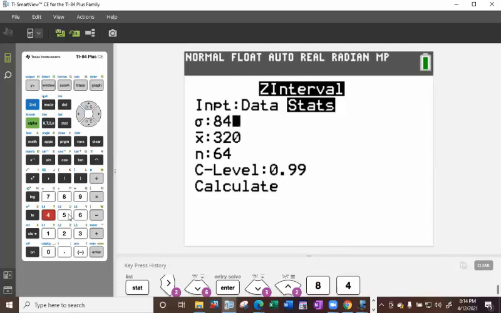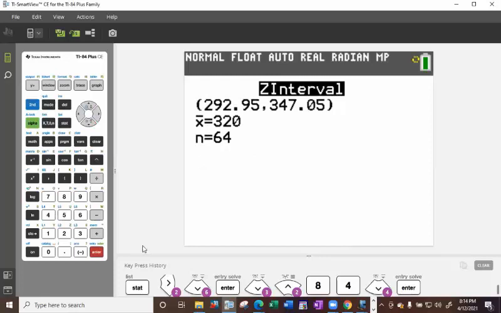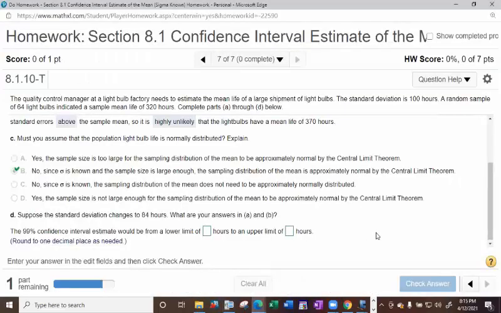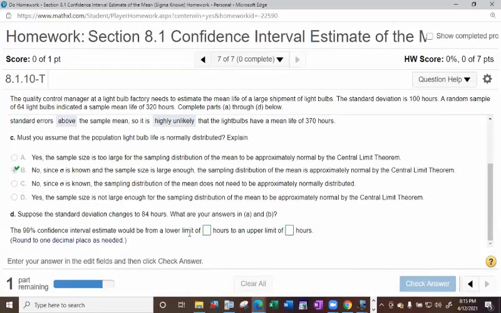Get some cough drops. So I'm assuming that nothing else changes here. And let's see what it wants here. One decimal place.